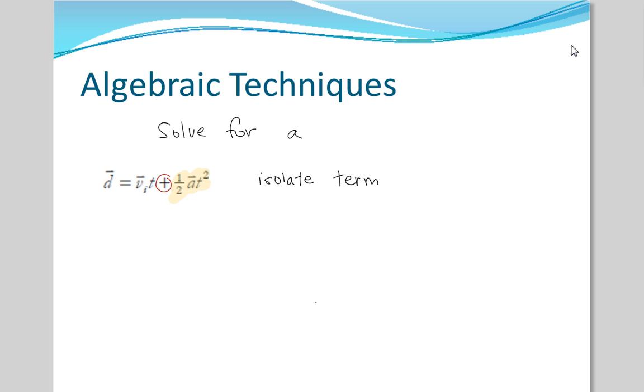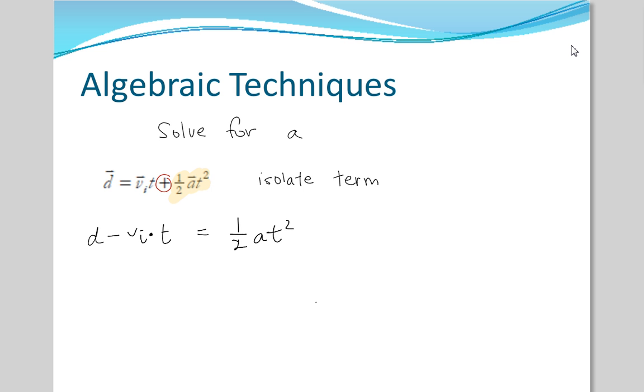So because v_i t is positive, it goes to the other side as a negative. v_i t goes to the other side. So you would subtract v_i t.